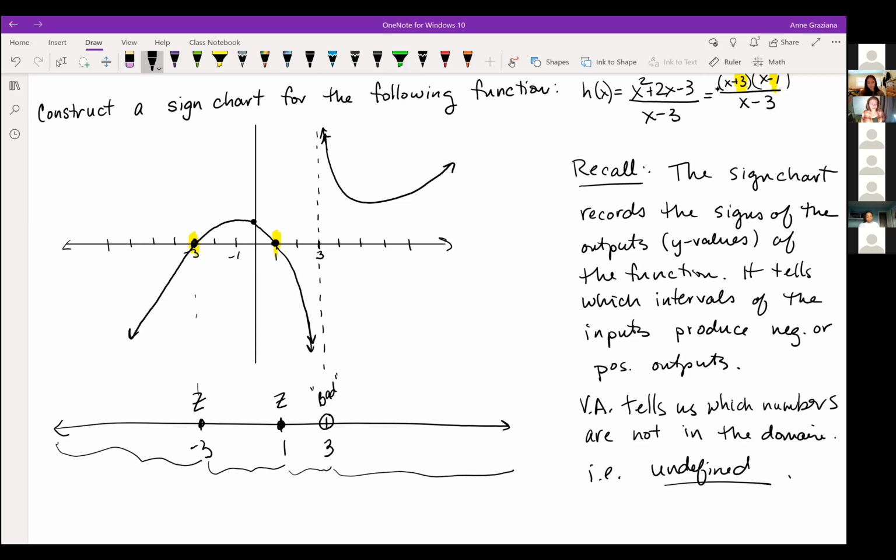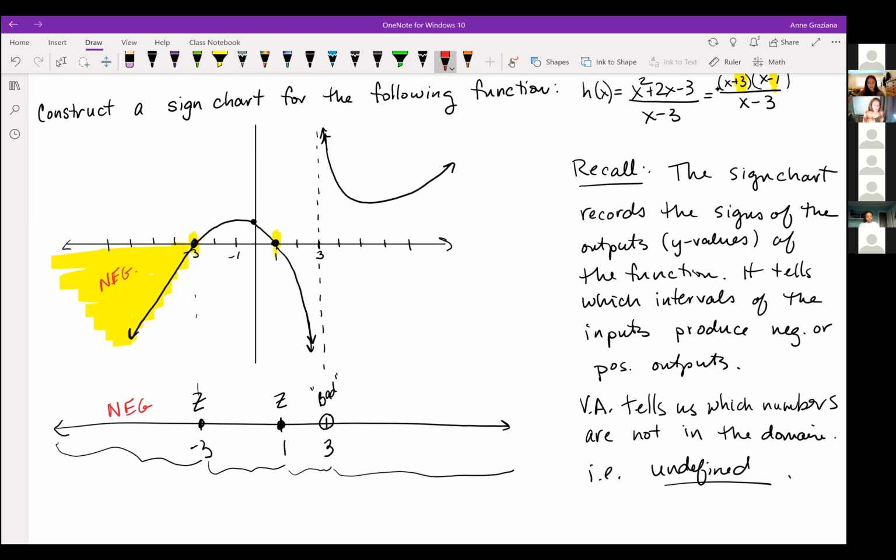So before -3, what's my function doing? Is that positive or negative? Negative. See, all of my outputs here are below the x-axis. So this means they are negative. Okay, so I'm going to put negative here.